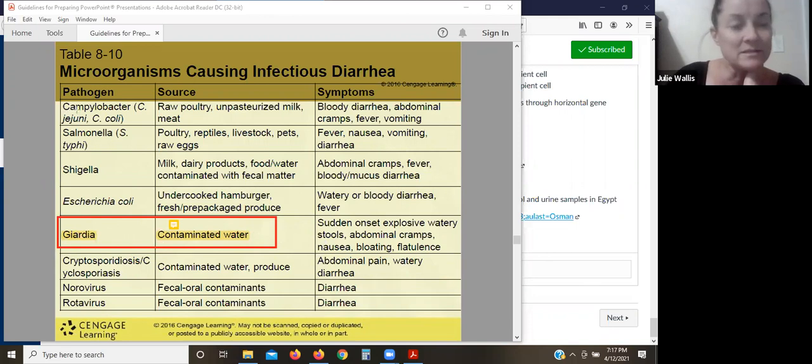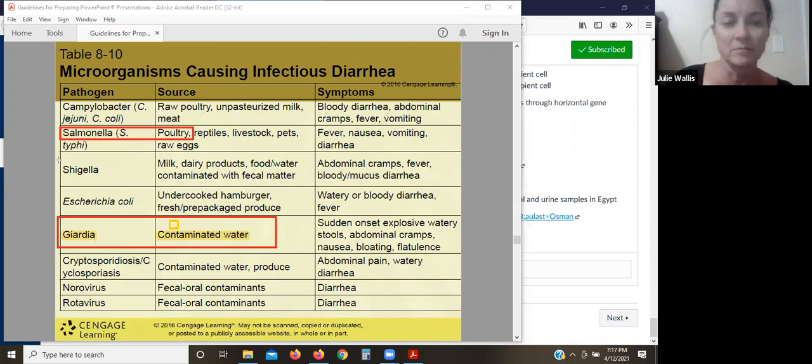But these common ones: Campylobacter jejuni is often in poultry, unpasteurized milk, and meat. Salmonella, most commonly in poultry. I think I mentioned that earlier, so you should always associate salmonella with poultry. Every single textbook I've ever taught out of associates those two.